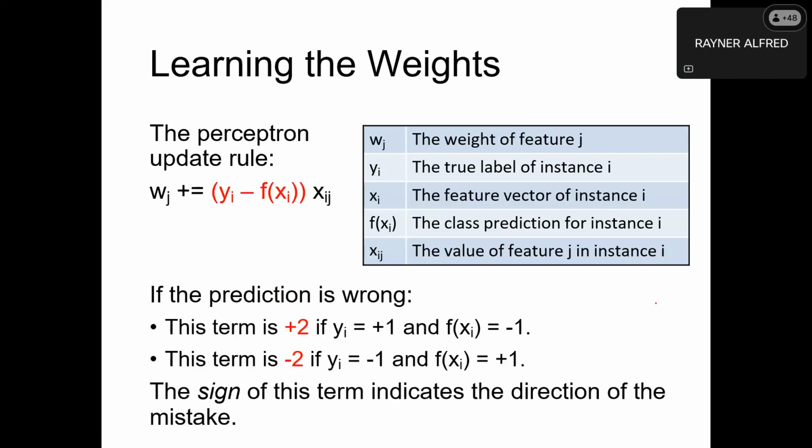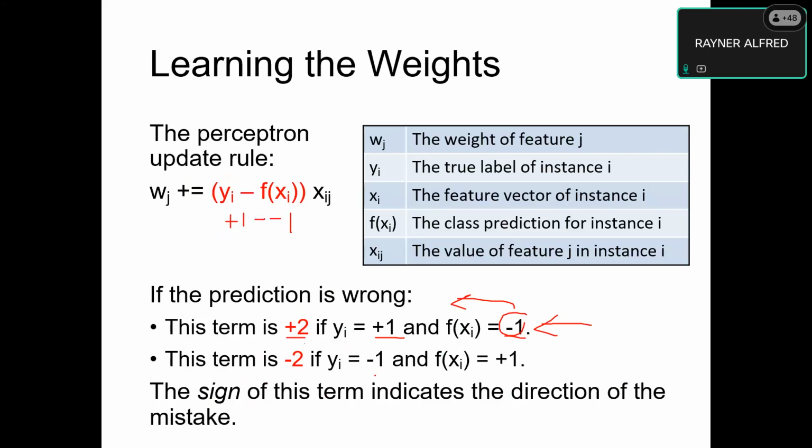Okay, but if the prediction is wrong, so for example, this is your actual one, this is your predicted one. So you want to move this one to be positive. So you have to add +2. So this is achieved when we have +1 minus -1 from here.